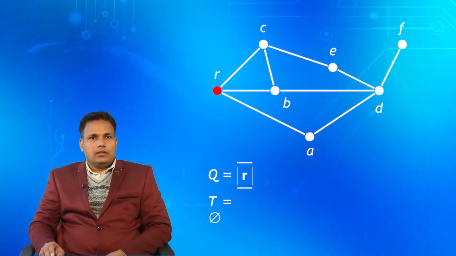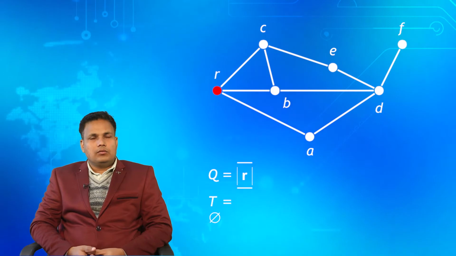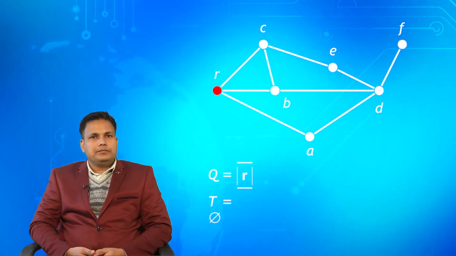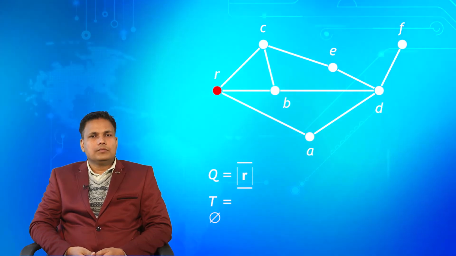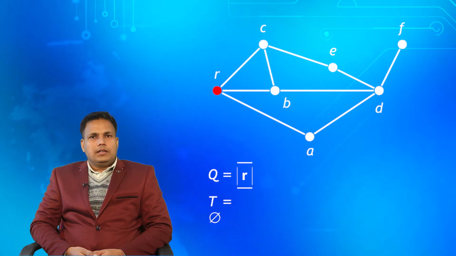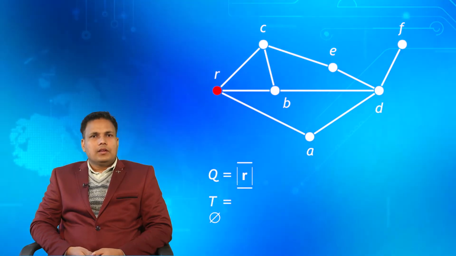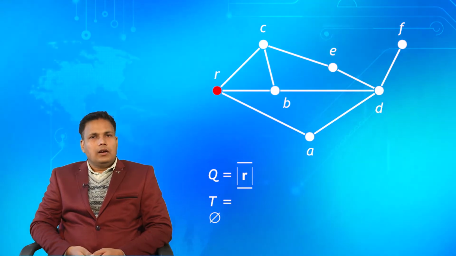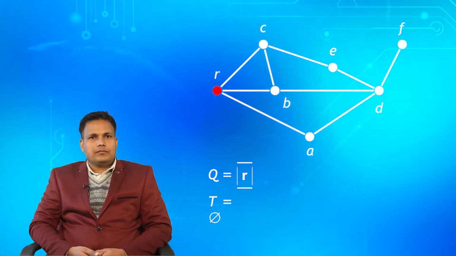Let's look at an example of how to construct a spanning tree in a given connected graph using the BFS algorithm. Just consider this graph. It has the vertices A, B, C, D, E, F and R. Here R is the root.